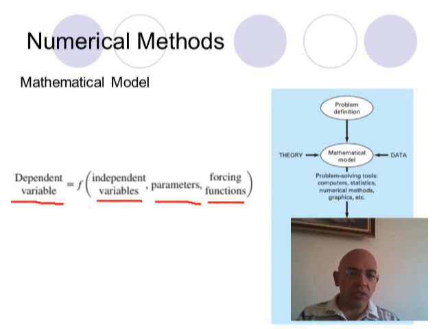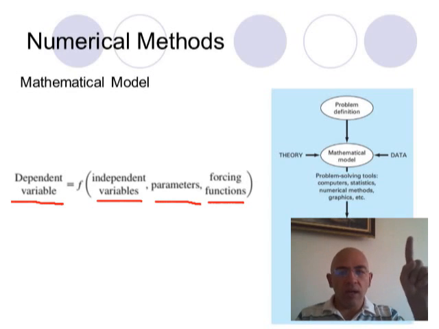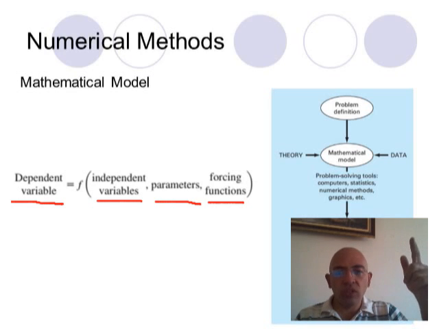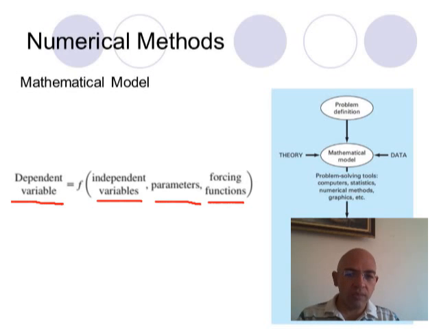Okay, how about the parameters? Now we have different things. So I measure the velocity of the object. So what is the velocity of an object? Basically, it is the change in position within a unit time. So I measure the distance that it travels, then I divide it by the time, and I obtain the velocity of the object.